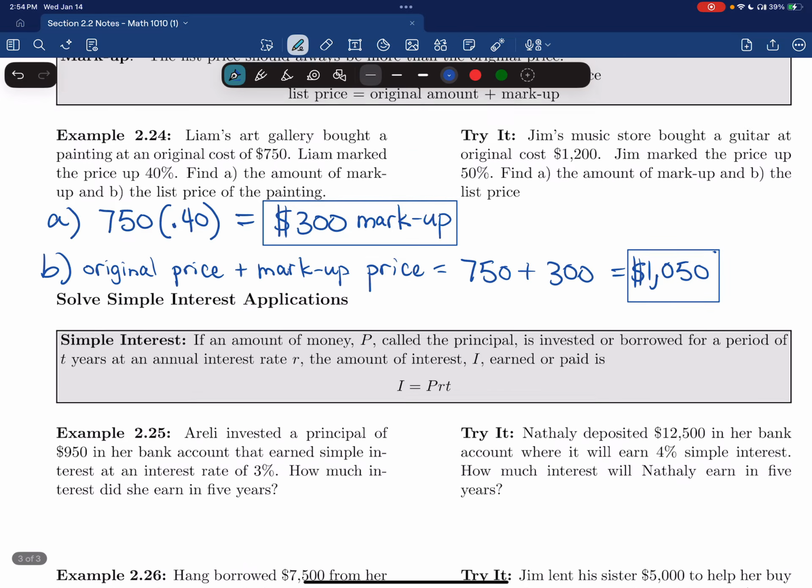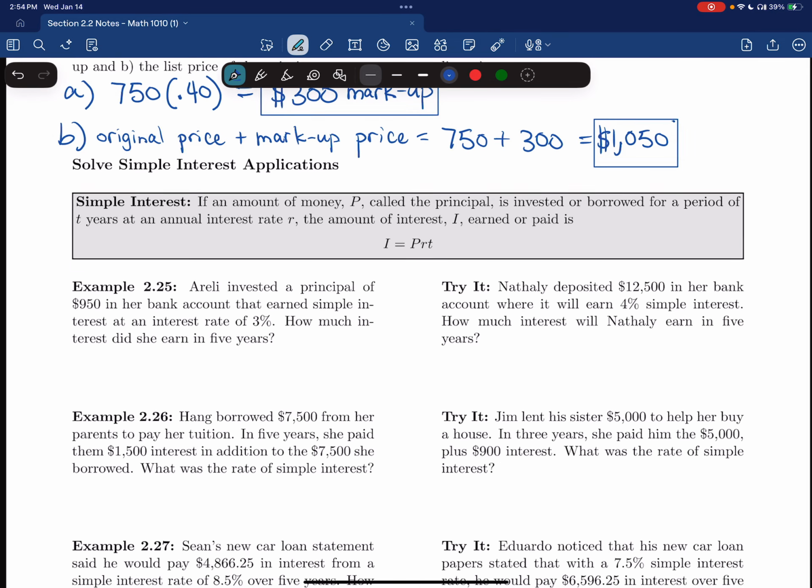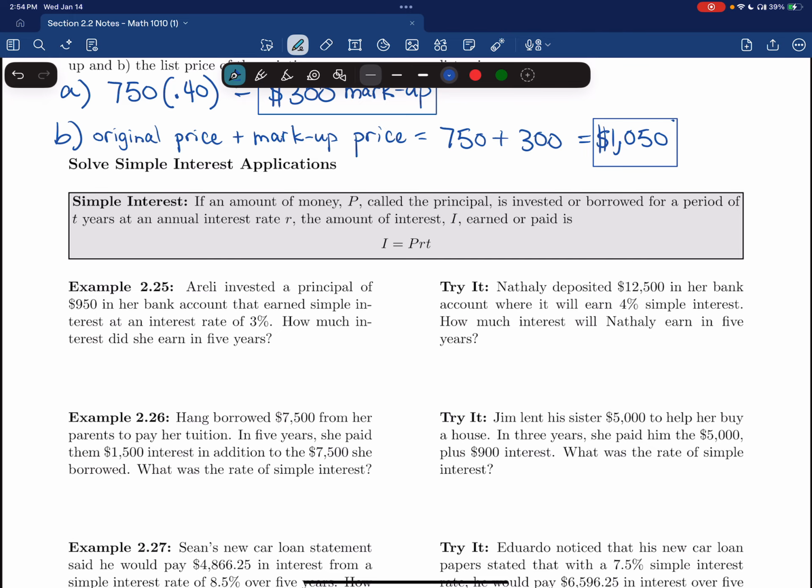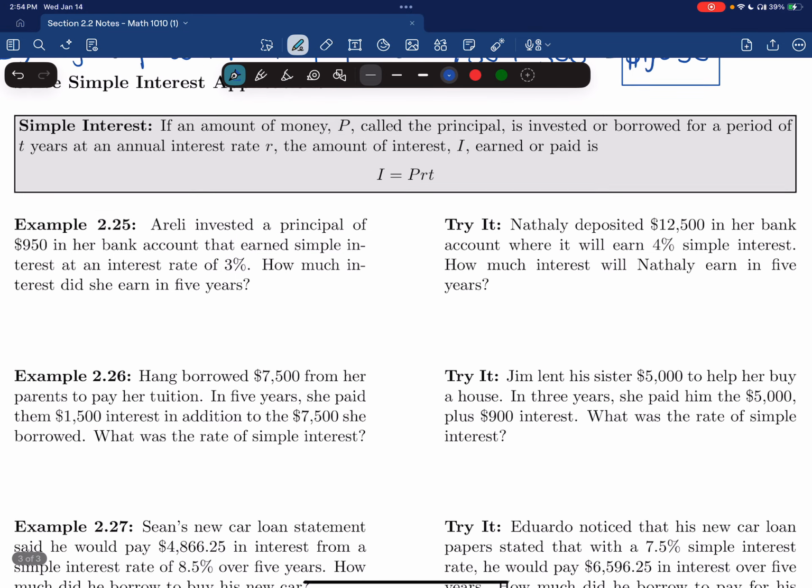Let's move forward. Our last objective today is to learn to solve simple interest applications. Simple interest has to do with banking scenarios and how much money you earn when you put things in a savings account or other things like that. This is the simplest form of interest. So let's define it.